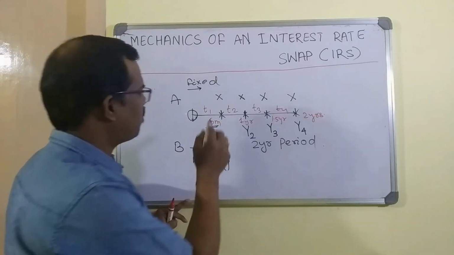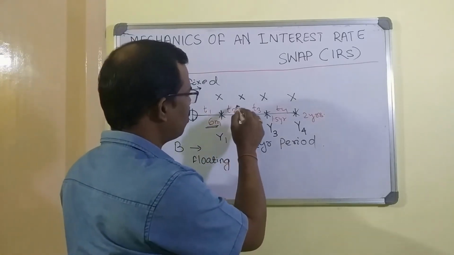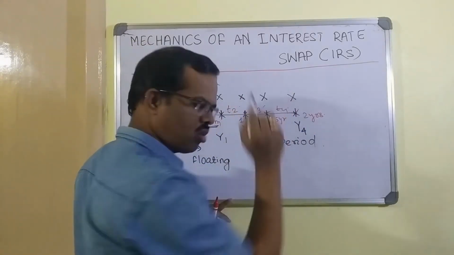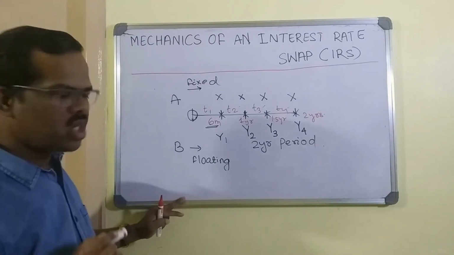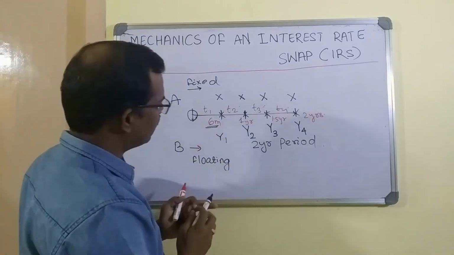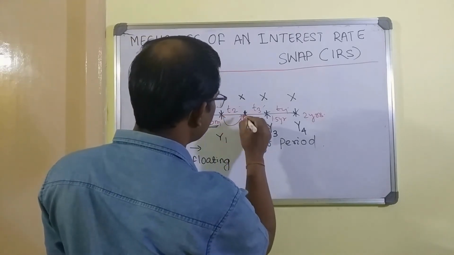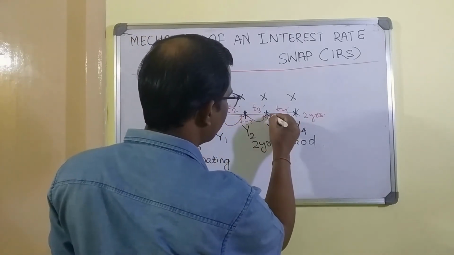But you do not know exactly what the interest will be for T2, T3 or T4. So what you need to do is derive the forward interest rates. These are called forward interest rates.